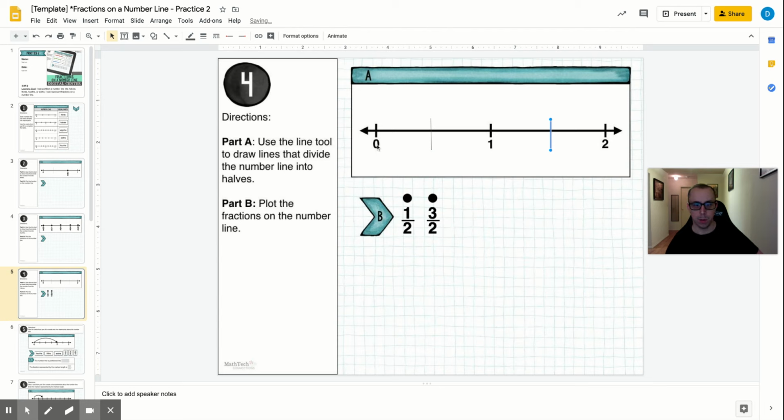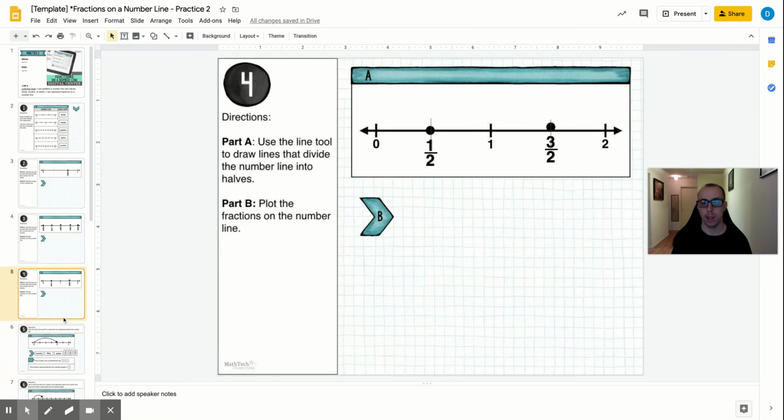Okay, so between 0 and 1, there's 1, 2. Between 1 and 2, there's 1, 2. Between each whole number on the number line, if you're representing halves, will be two parts. So then here's 1/2. So we have 0, 1/2, 2/2, 3/2, and this one here would be 4/2.